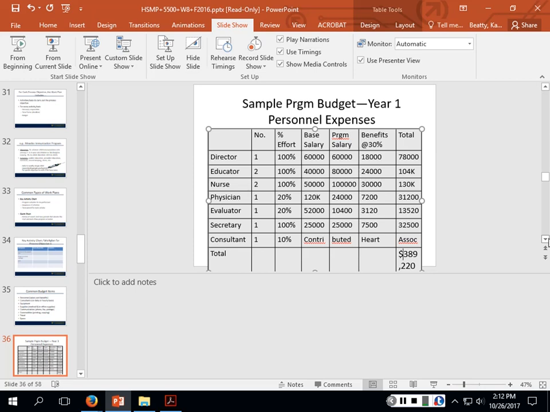So again, this is how much we will budget for personnel expenses for year one. Any questions? Any questions, folks? No? Clear? Crystal?